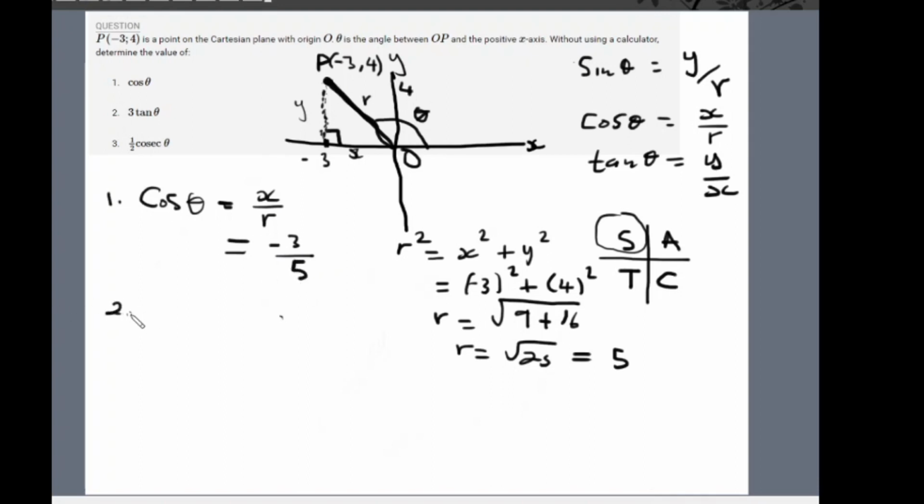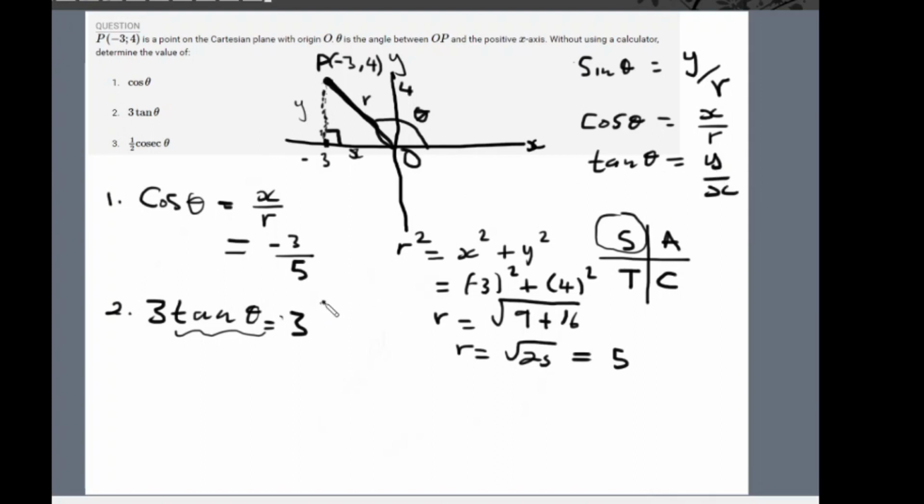We move on to question 2, where they say calculate 3 tan theta, right? So we have the 3, and from our definition of tan theta in the Cartesian plane, tan theta is equal to y over x.